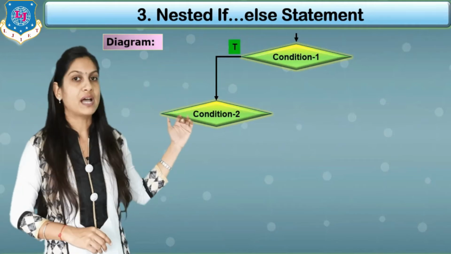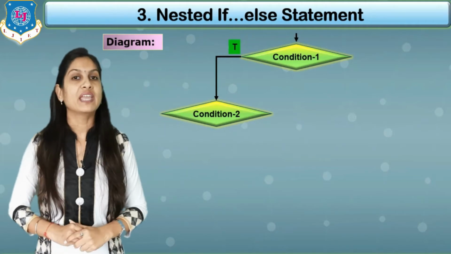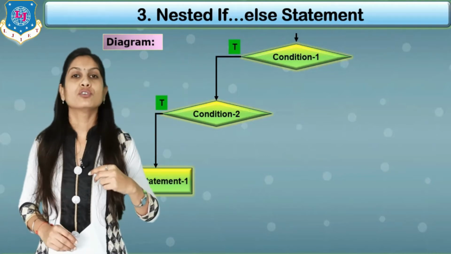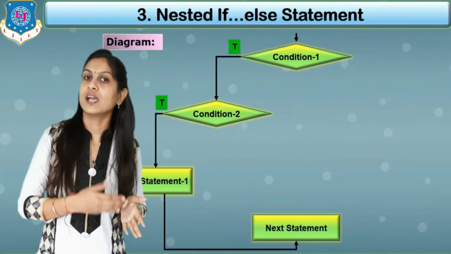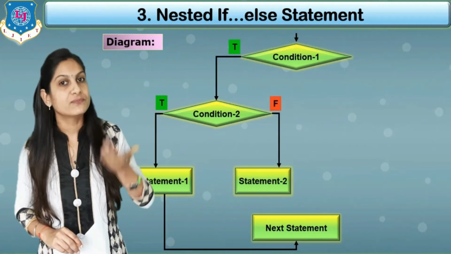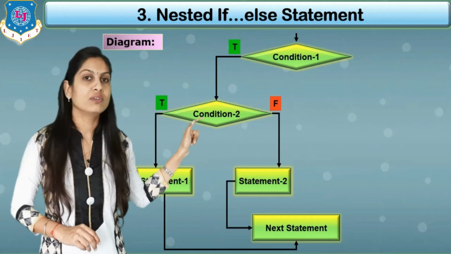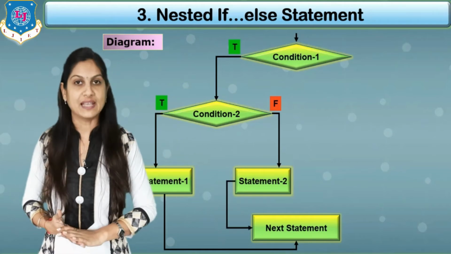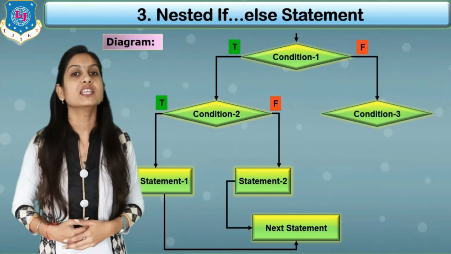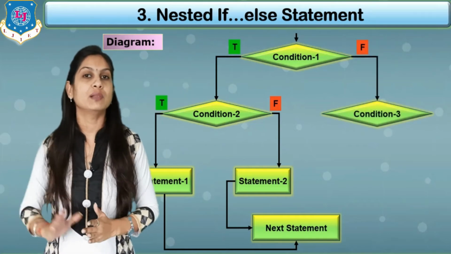Discuss the true part first. True means we have to check the second condition. If the second condition is true, then statement 1 is executed and we move to the next statements. But if the second condition is false, then statement 2 is executed. Now if condition 1 is false, then the false part, that is else, will be executed.